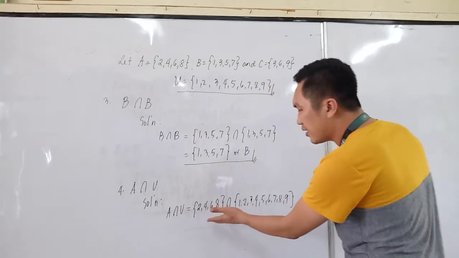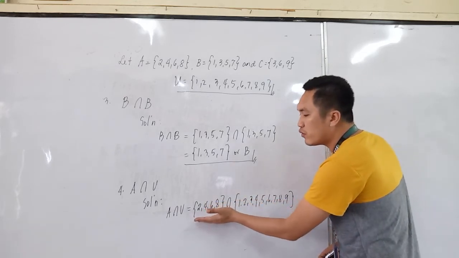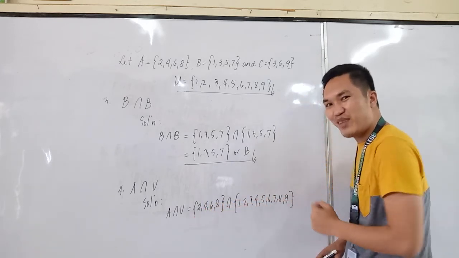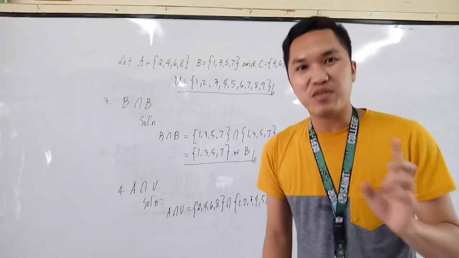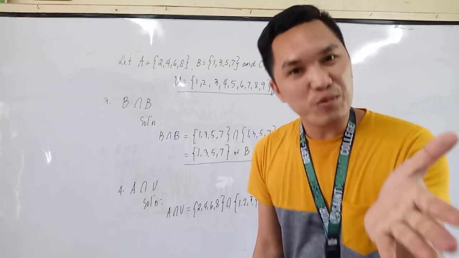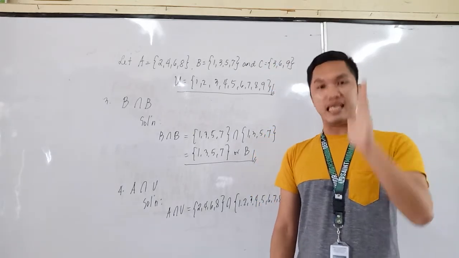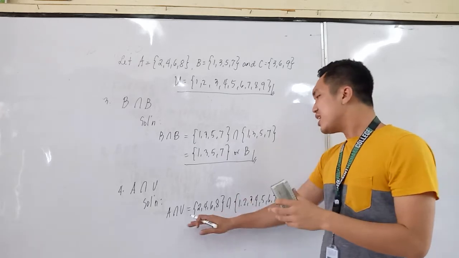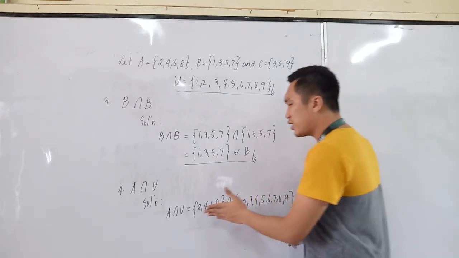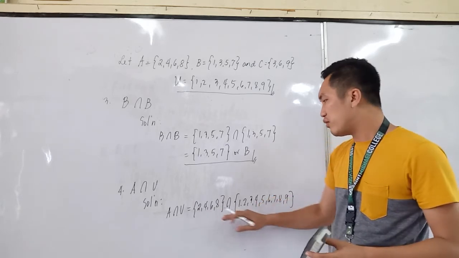Take note of the keywords. What are the keywords again? The keywords are common element. So, what is common here is probably the elements in the set A. So we have 2, 4, 6, 8.